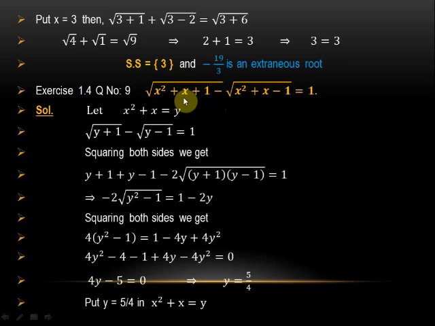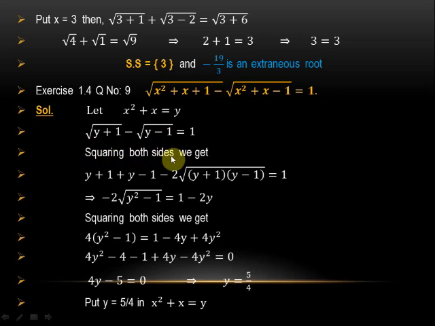So first two terms x square plus x, put is equals to y. Let x square plus x is equals to y. Substituting in the parent equation, we will get under root y plus 1 minus under root y minus 1 is equals to 1.